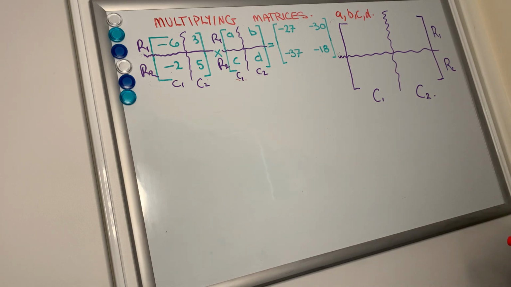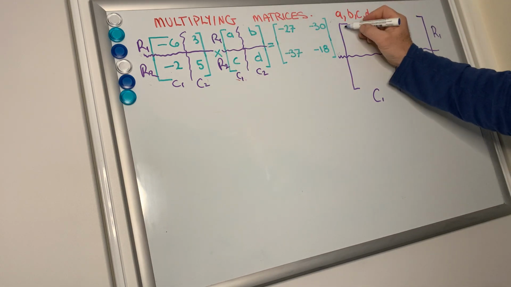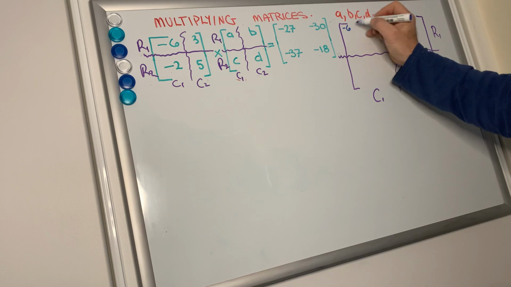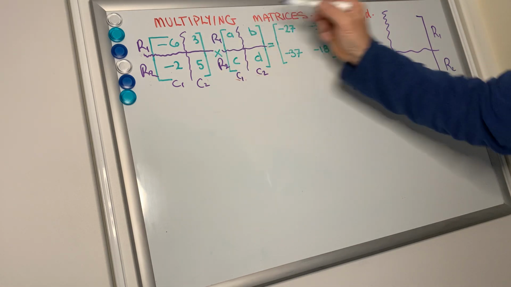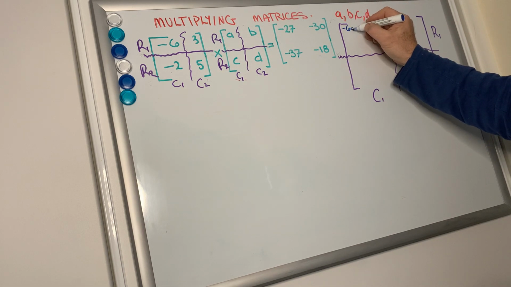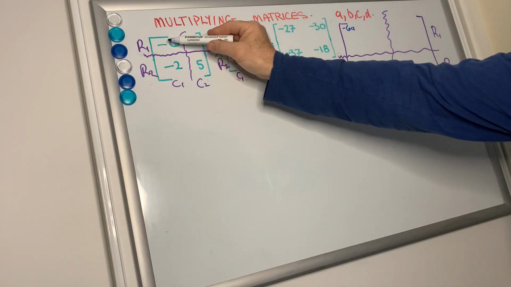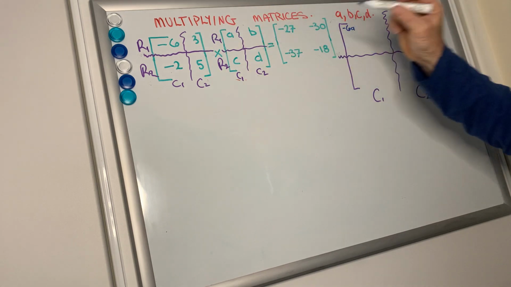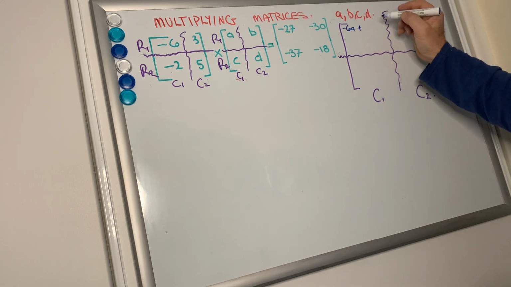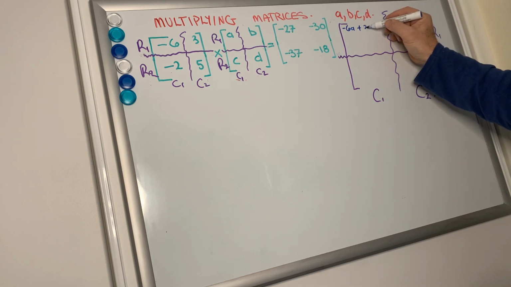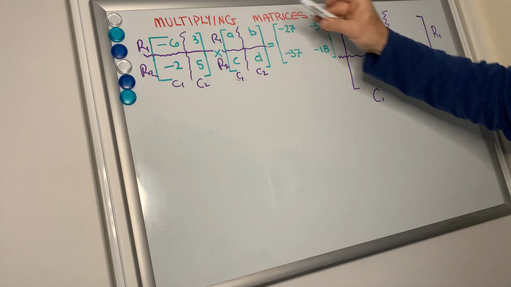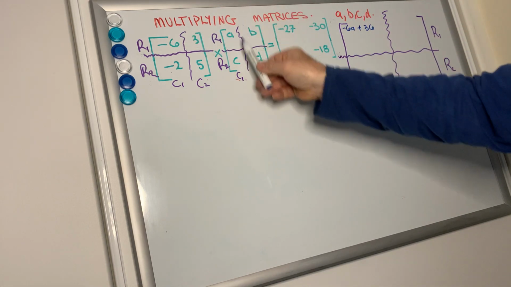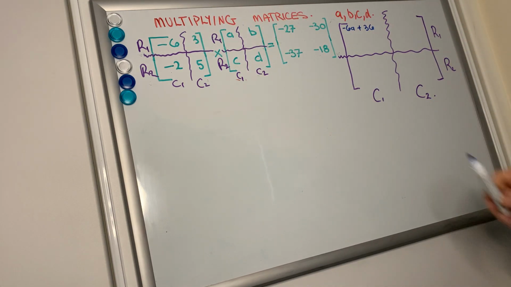So we have minus 6 times A, which is minus 6A. So minus 6 times A is minus 6A, plus 3 times C is 3C. Okay, row 1 and column 1.